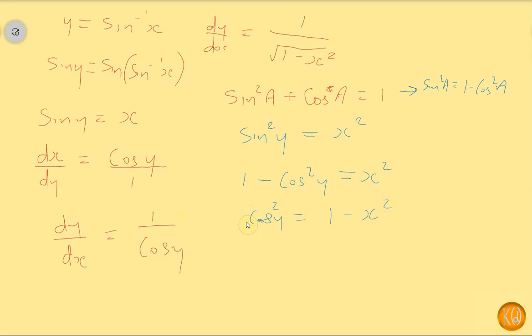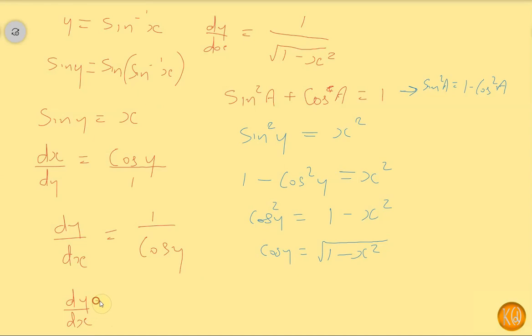Now in order to make cos y the subject, we would have to find the square root of both sides. So if we root both sides, we would have cos y is equal to the square root of 1 minus x squared, right? Now being that we have an expression for cos y in terms of x, we can then substitute that expression back here.